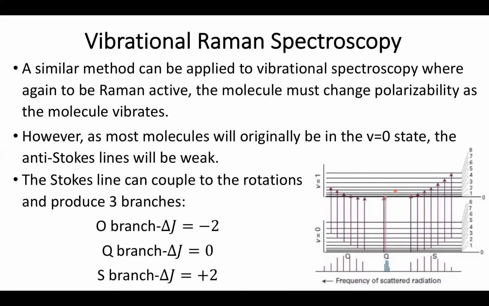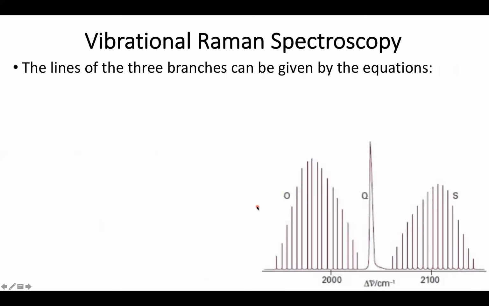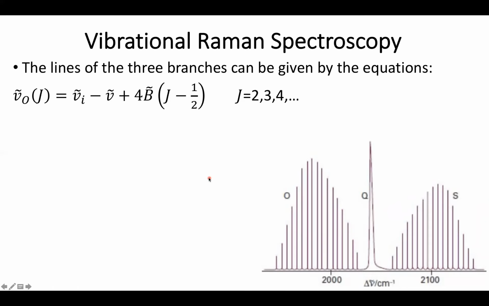Now, again, we tend to care a little bit more about what the energies or peak locations of each of these species will be. So we can analyze each of these branches to determine the appropriate peak locations. Let's go ahead and start with the O branch. Again, this is the same thing as the anti-Stokes peaks, where I am falling down in energy.